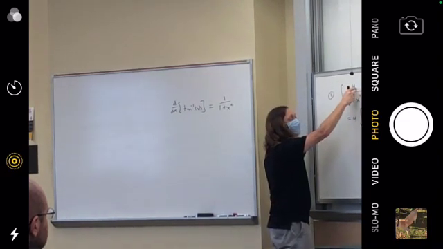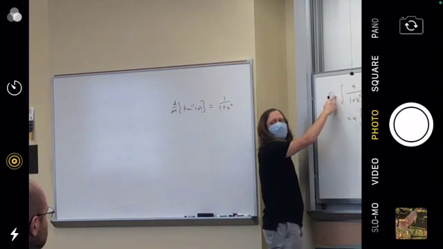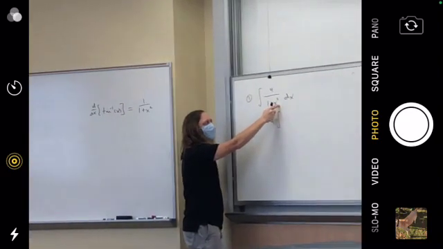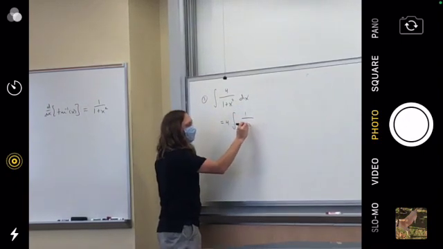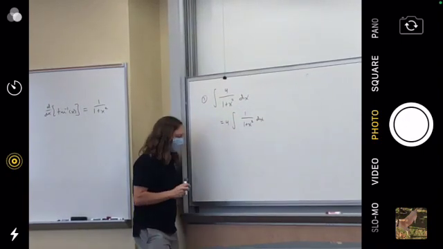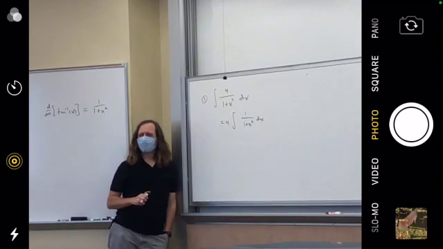Because this is a constant, you can move it outside. I can never move an x from inside my integral sign to outside my integral sign, but I could move the constant 4. So now what?